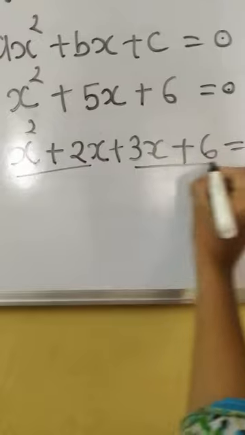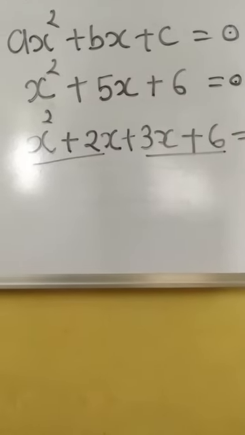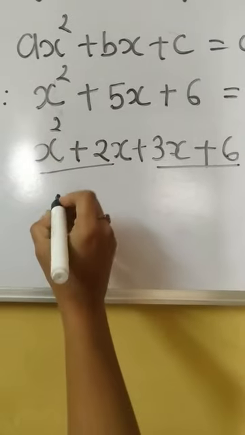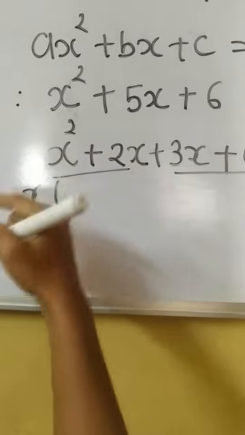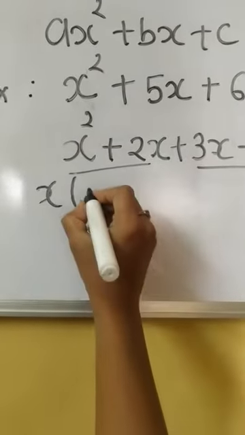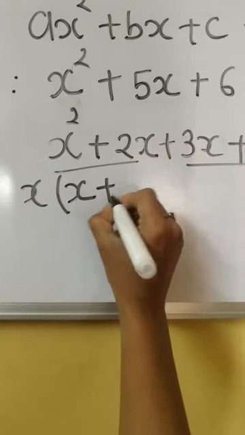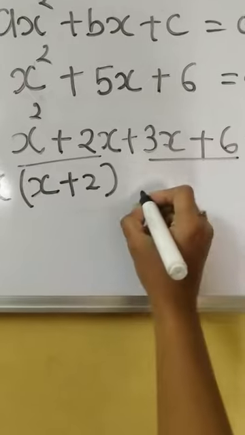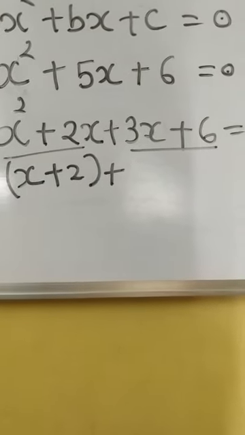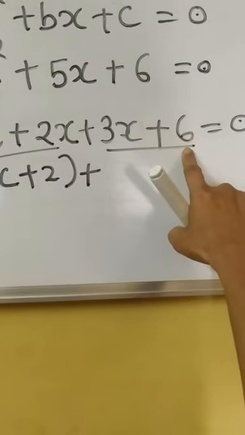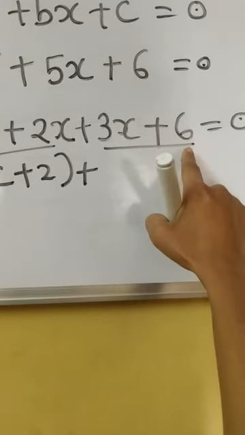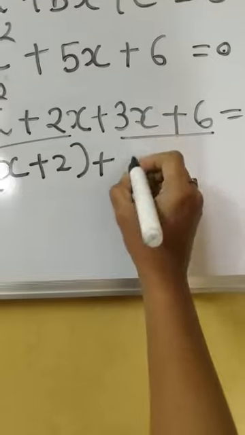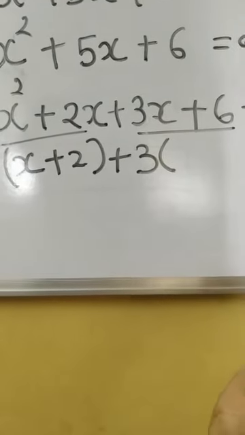Here we have separated it in two terms. Here we can say that in both terms x is common, so we are taking out x as common. So in a bracket it will remain x plus 2. Here the symbol of plus is there, so we are keeping plus as it is. Here 6 having factor as 3 2s are 6, means in both of these terms 3 is common, so we are taking it out.